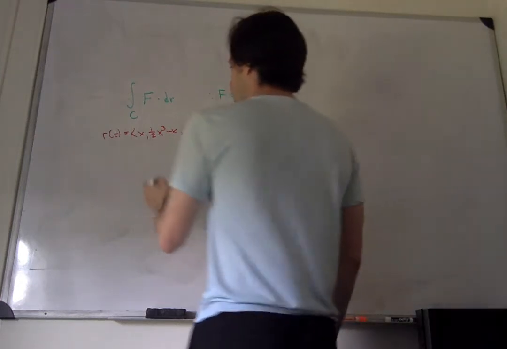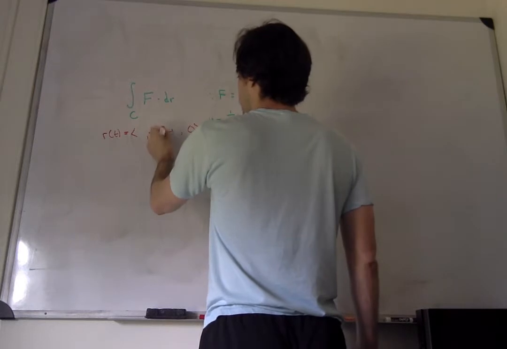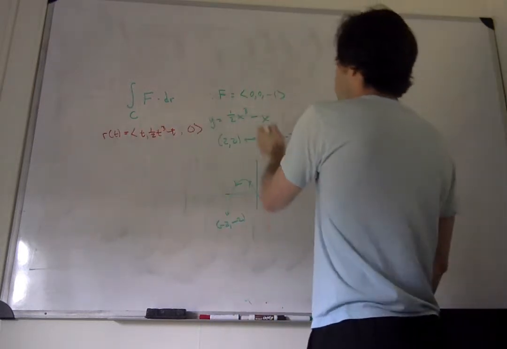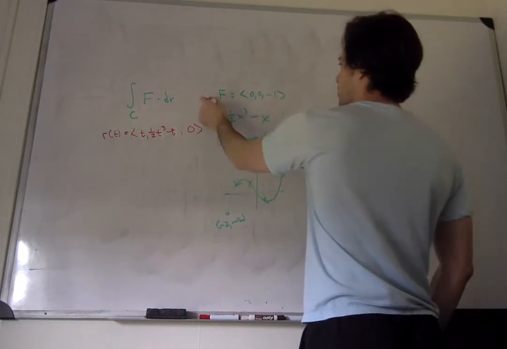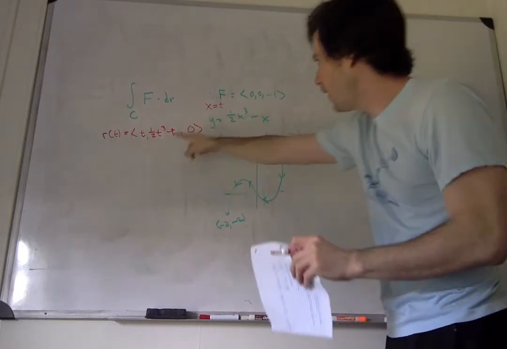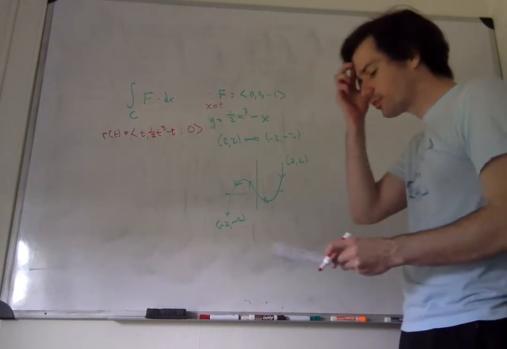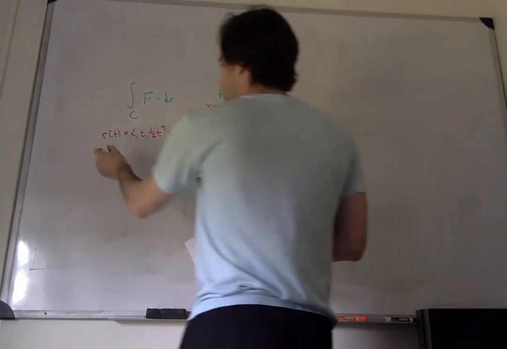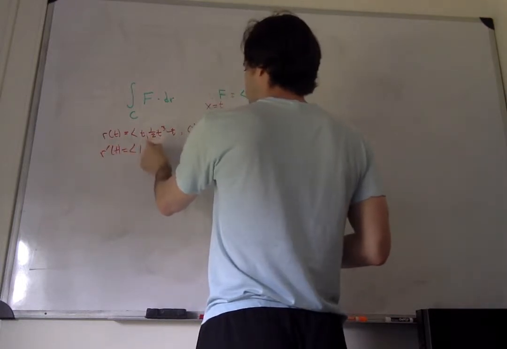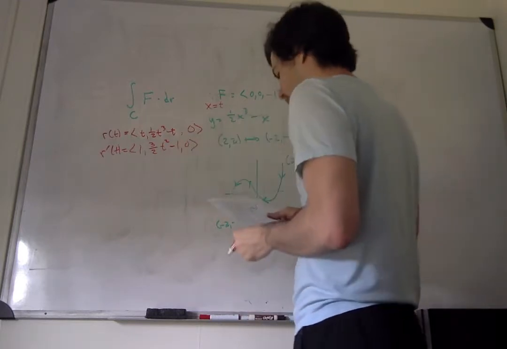Now, x should be t, so go ahead and replace all that with t. You just say let x equal t, and then just replace every instance of x with t. Okay, so I'm going to take the derivative of this, and this will give me 1/2 t squared minus 1, 0.